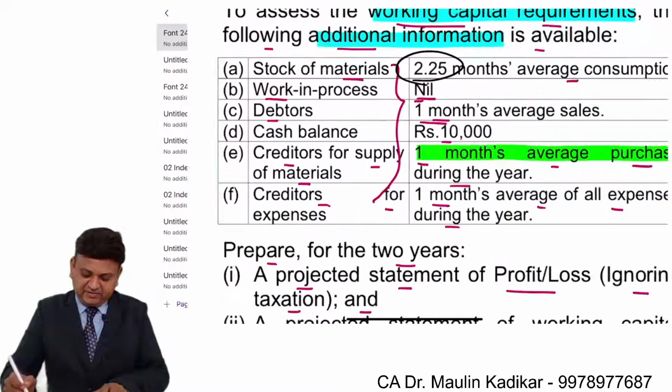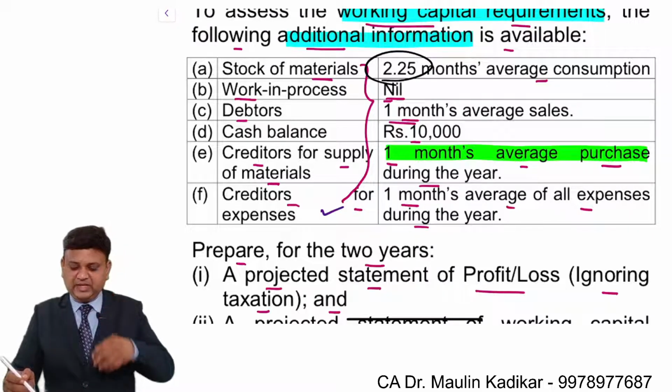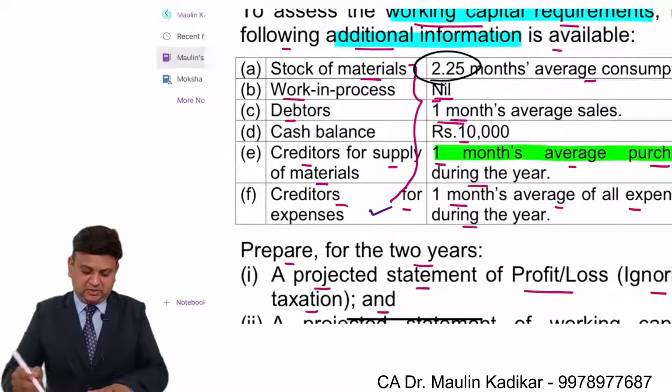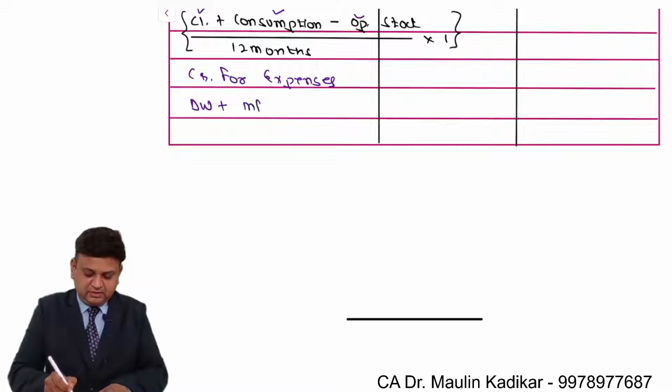We can see that the language of the question speaks of creditors for expenses as 1 month's average of all expenses during the year. So we will mention it like this: direct wages plus manufacturing expenses plus administration expenses.